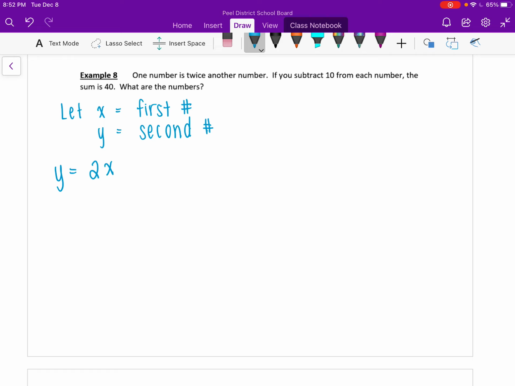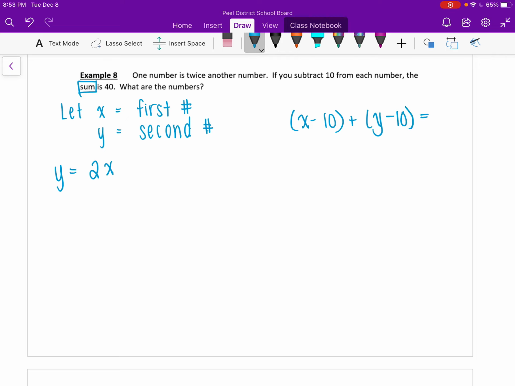If you subtract 10 from each number, the sum is 40. So if I subtract 10 from x, and I subtract 10 from y, so I'm going to do x minus 10 plus, because the sum is 40, y minus 10, because I'm subtracting from each number.